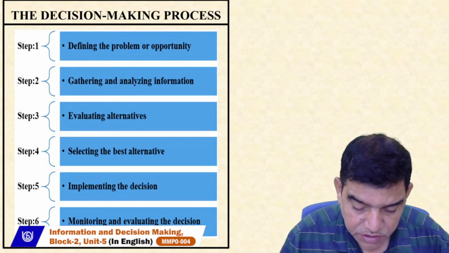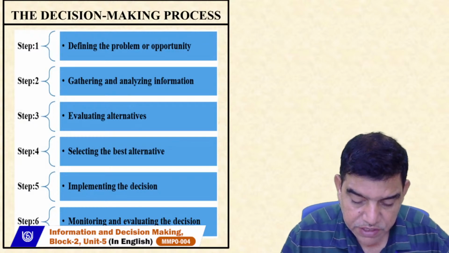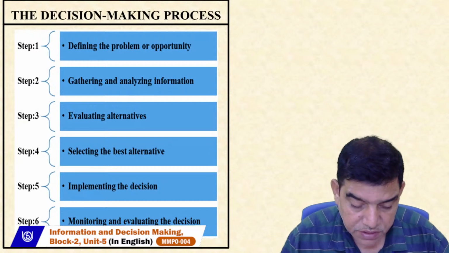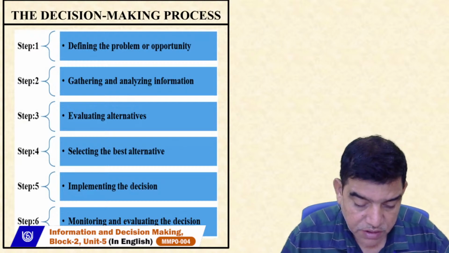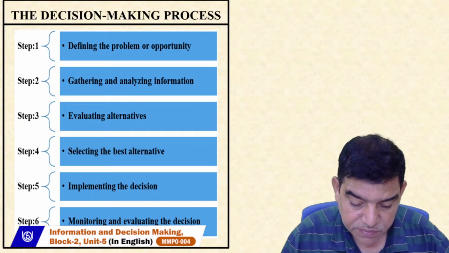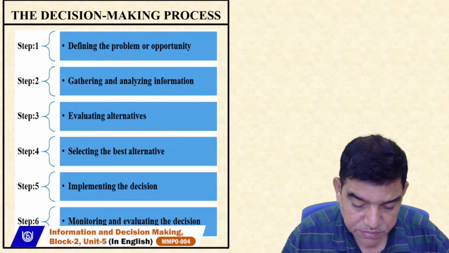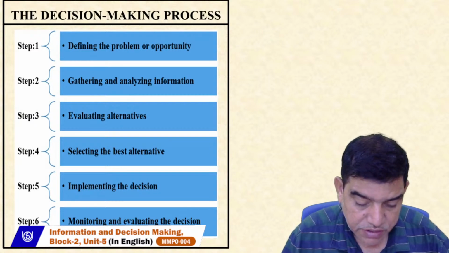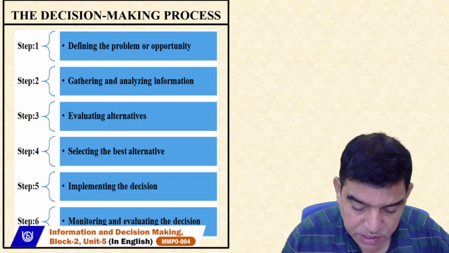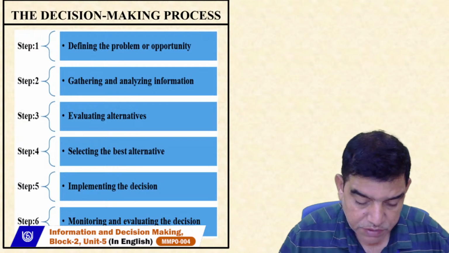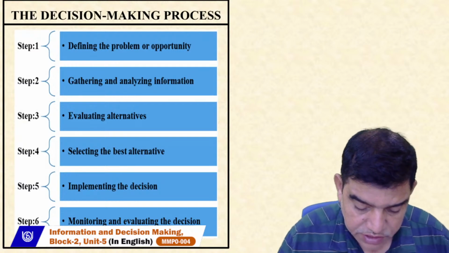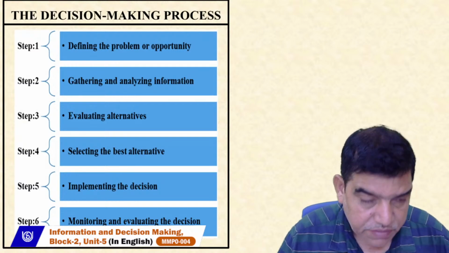When making decisions, we frequently face multiple options, each with its own set of benefits and drawbacks. The goal is to find the solution that best meets our objectives and constraints. Some of the steps in a decision-making process to select the best alternative.